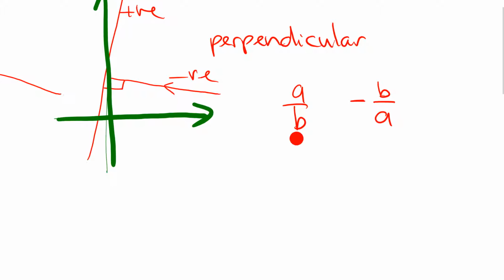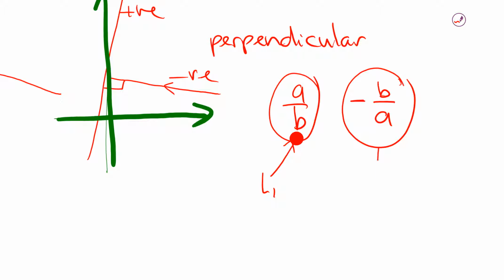If this is line L1, then the perpendicular line, call it L2, is going to be the opposite sign, so it's a minus. And it's going to be flipped upside down, because that makes it the opposite kind of gradient.